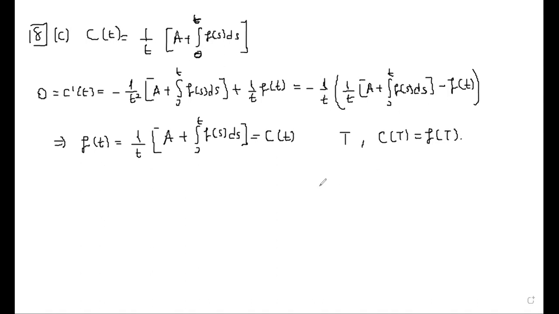We don't directly find that T. Just call it the uppercase T, which is the root of this equality. So T satisfies this equality. If it satisfies this equality, then as we have an implication there, it satisfies f of T equal to C of T. Then if we plug in T, we will have this equality. So we're done with the question.